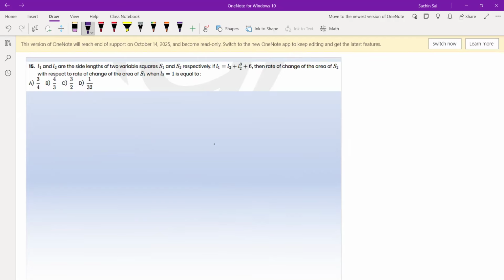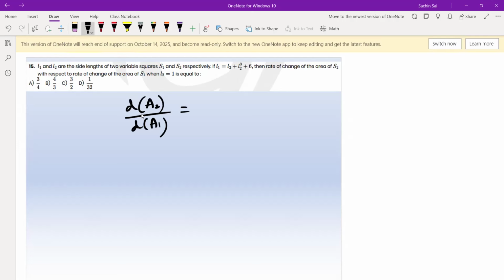So here when L2 equals 1, all right. So what we need to find here is area of S2 with respect to area of S1. So let's call it dA2 by dA1. Rate of change of area of A2 with respect to rate of change of area of A1.